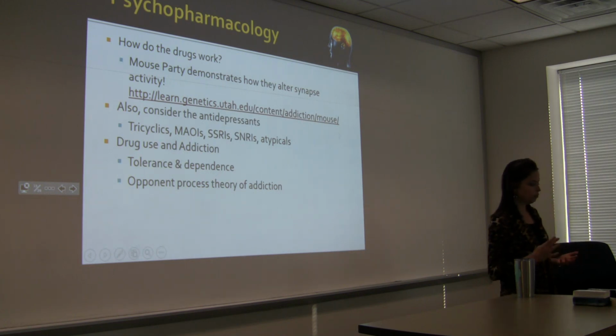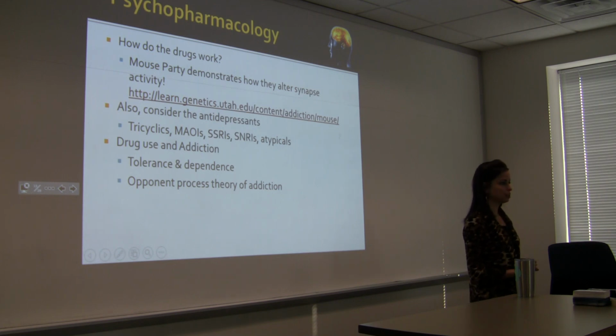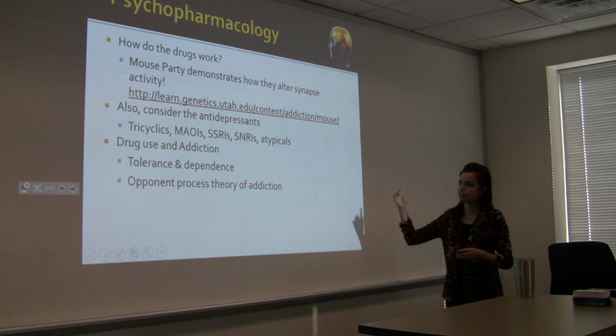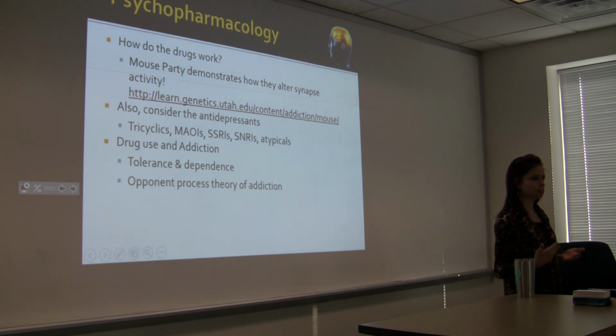Okay, so we also have to consider drugs that are not just illicit drugs or things that we consider to be inherently bad. We have to think about prescription drugs. And in psychopharmacology, you remember there's no distinguishing between those two in the system. So we have to think about antidepressants. The different classes of antidepressants are what I think you need to know for the test.